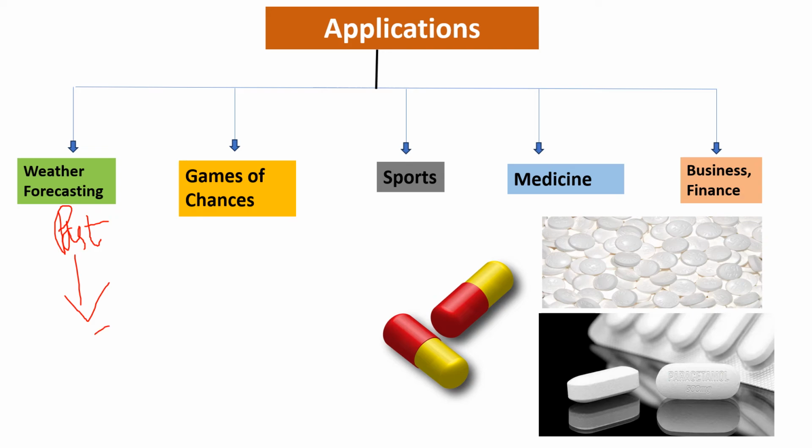You can see images like this: cloudy day, or if it is going to rain, a percentage chance of rain, or if it is hot, it will give this symbol, right? This is because of probability.